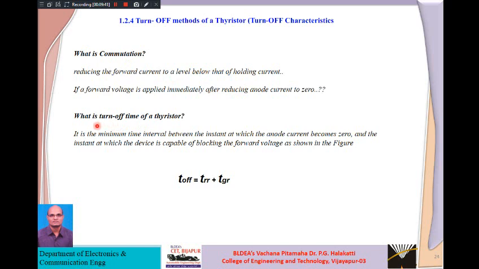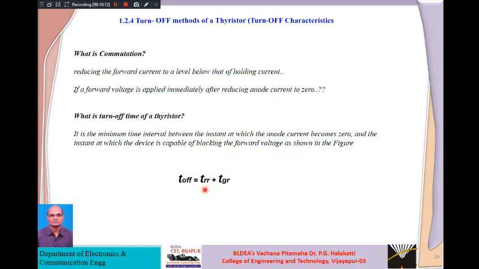Next we'll go to the turn off time of a thyristor. Here we have to understand some time related measurements related to turn off, how much time it will require. It is the minimum time between the instant at which the anode current becomes 0, when it crosses your x-axis, and the instant at which the device is capable of blocking the forward voltage.